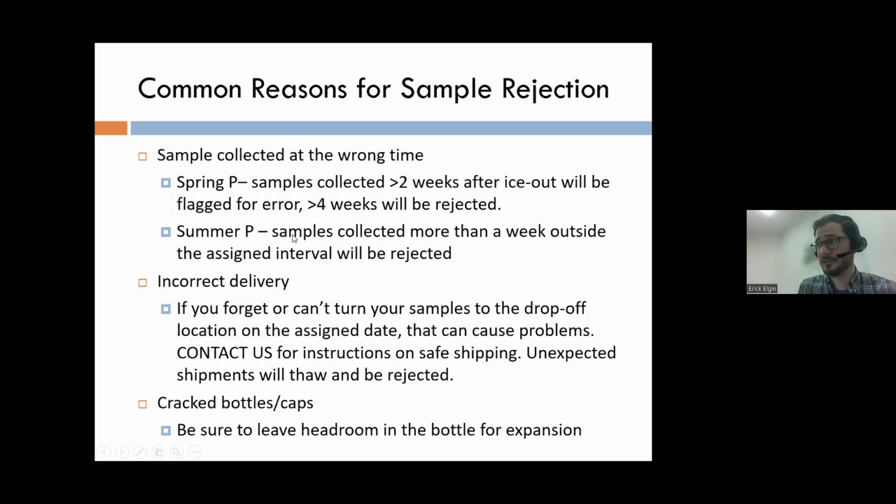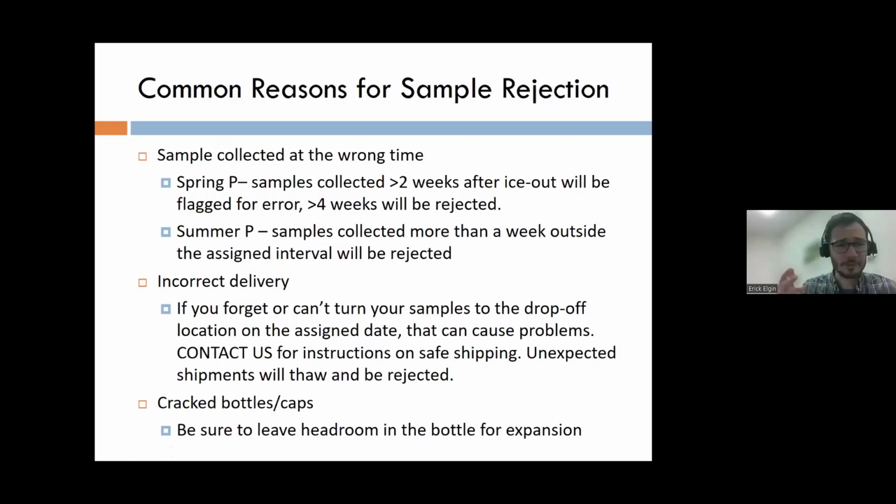For summer phosphorus, it's very much the same way. We have that time period where you should be collecting. If you collect more than a week outside of that interval, we will reject that sample. We also have what may happen sometimes, which is incorrect delivery. If you forget or something happens and you can't turn your samples in to the drop-off location on the specific date, that can cause problems.